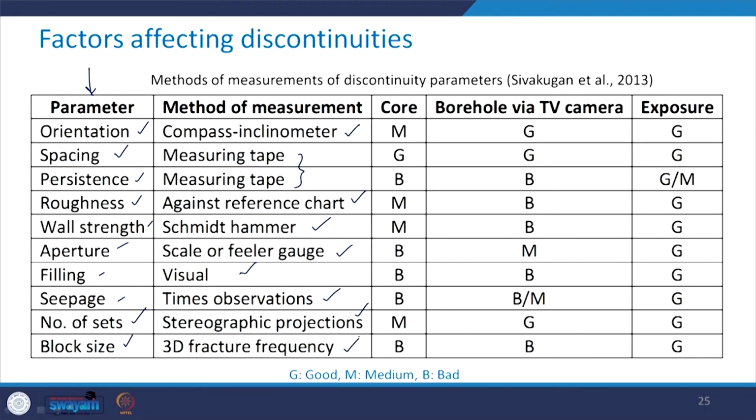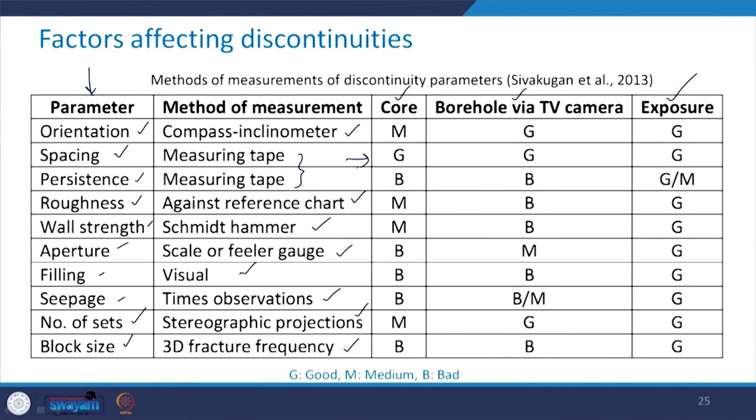Now here, these measurements can be taken in a core, or through a borehole via TV camera, or from the exposed surface. Depending upon where you have taken these measurements, you get different quality of the data.